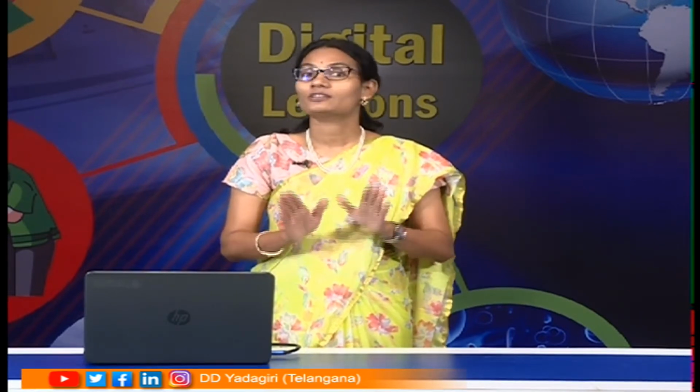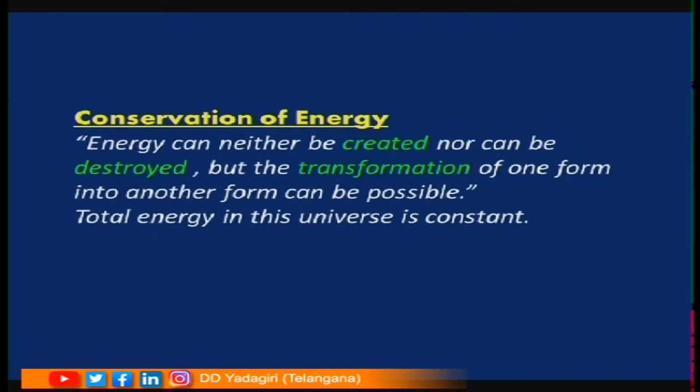Energy transformation takes place in every process, but the total amount of energy in this universe is constant. So, this is known as conservation of energy. Energy can neither be created nor destroyed, but it can be transformed from one form into another. The total energy in this universe is constant.